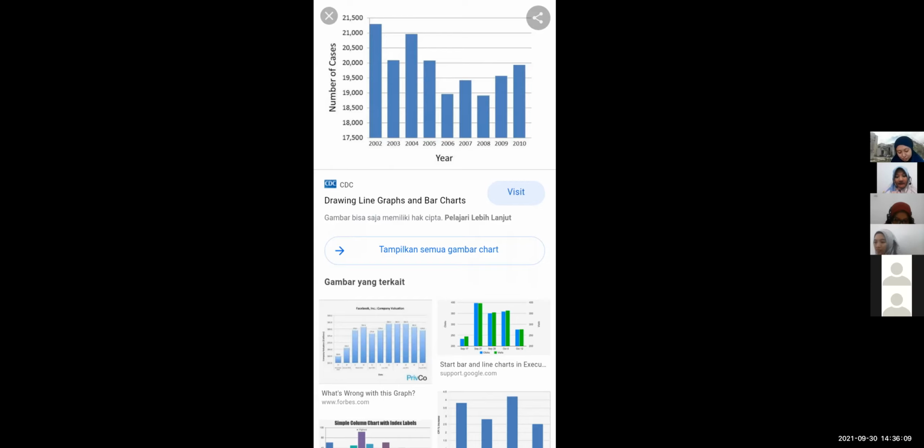Okay, so sales from 2002 to 2010, it fluctuated. In the first year, 2002, it reached its peak, and then it dropped.